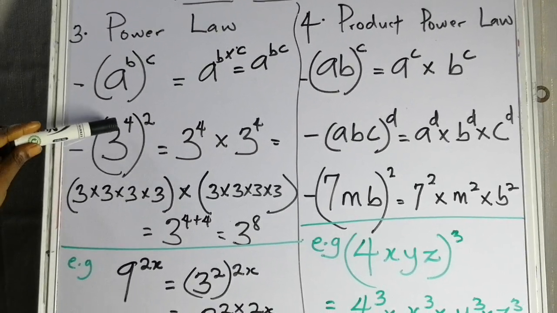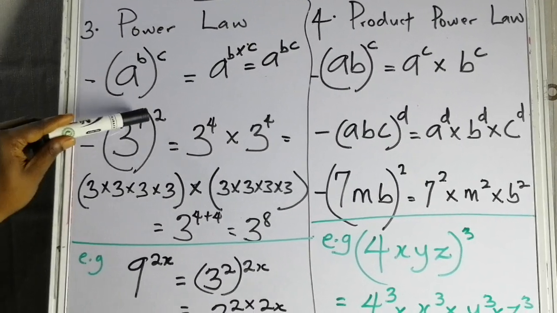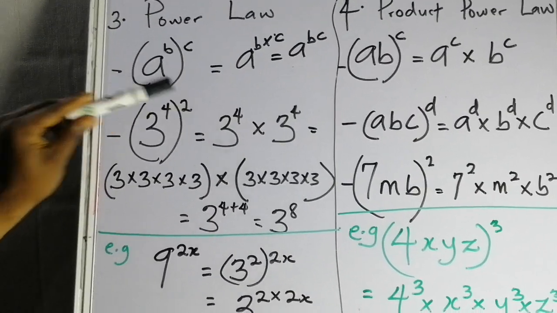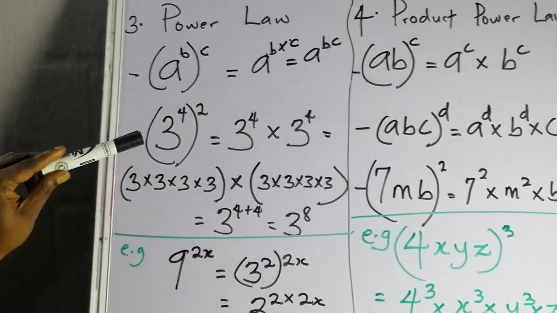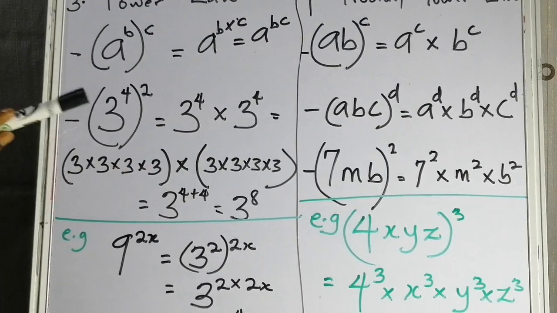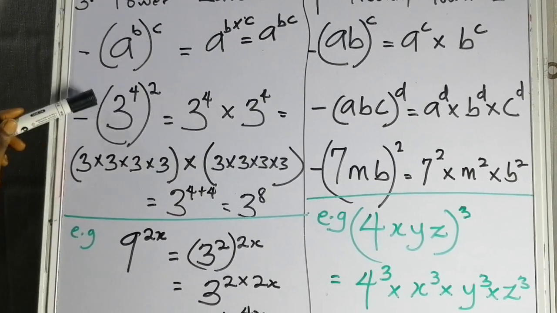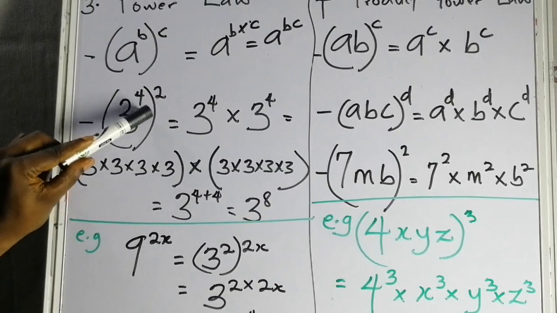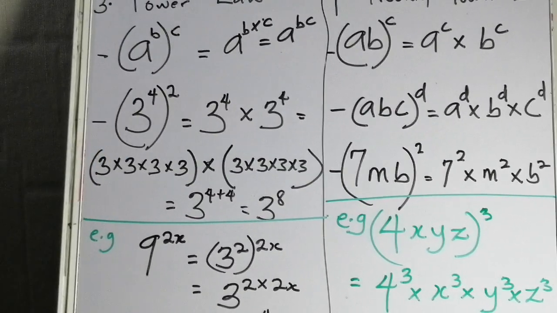And I use a figure here to represent it. So we have 3 raised to power 4, all in brackets raised to power 2. It means that you should write 3 raised to power 4 two times. Why this power law is very important is that I can say 3 raised to power 4, everything raised to power 15.